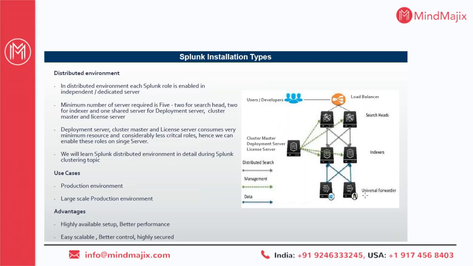Generally, to start with, we use a minimum of 5 machines for Splunk in a production environment. It can be 5 Linux servers or 5 Windows servers. Then we install Splunk across all 5 nodes and specify that 2 nodes function as search heads and 2 nodes function as indexers.